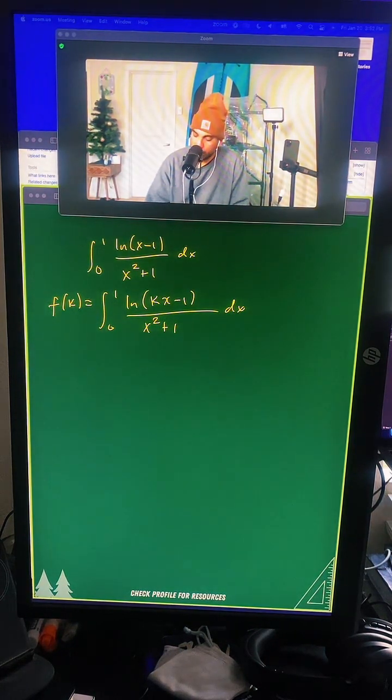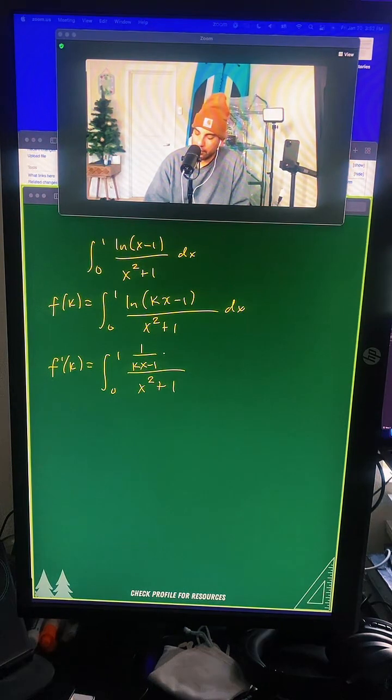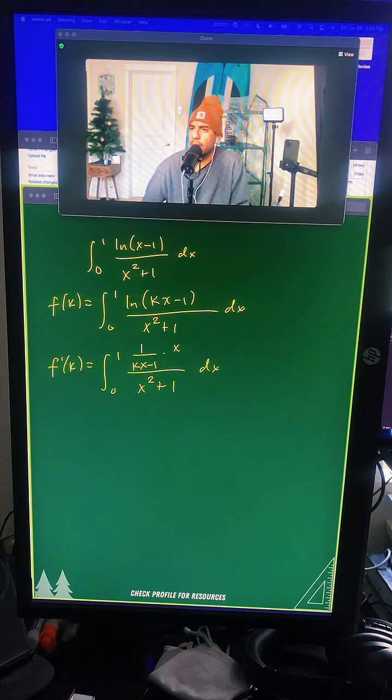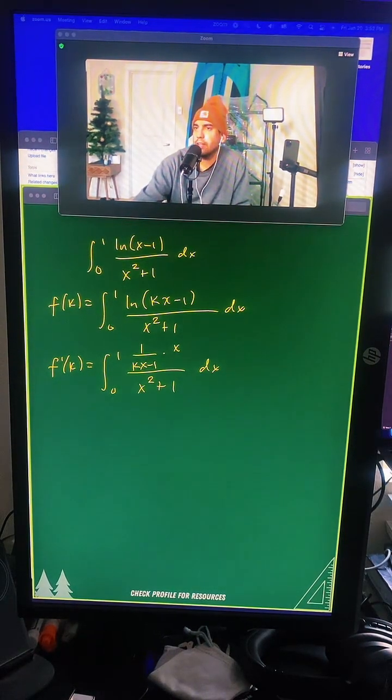If we take the derivative of this, we treat the x squared like a constant, and we just do 1 over kx minus 1 times x dx. That's what they told me, at least. Let me make sure that I actually have that right. It's so frustrating that I can't get this.